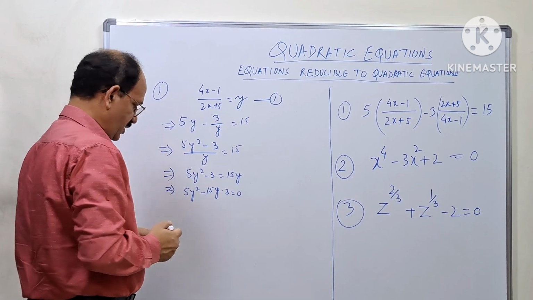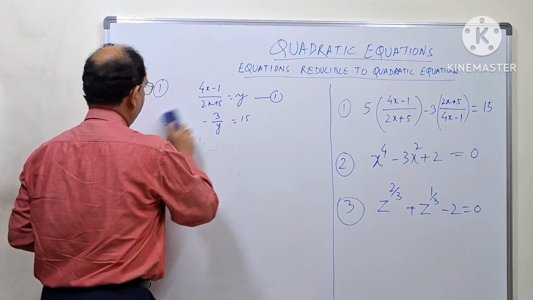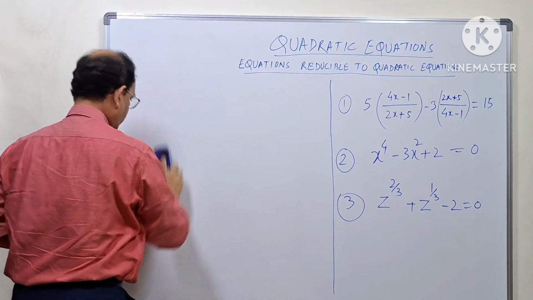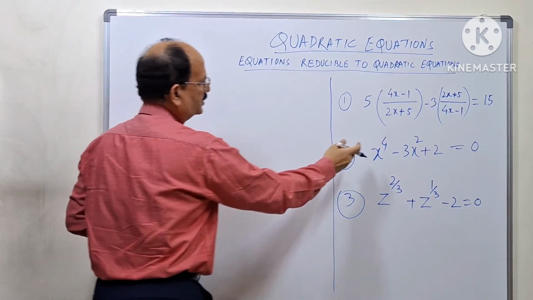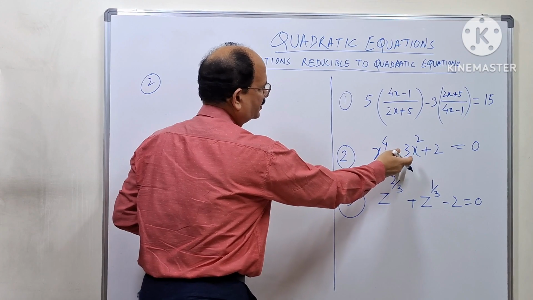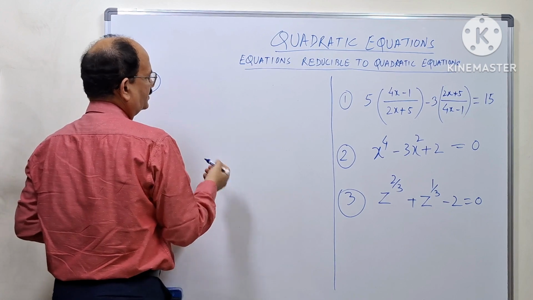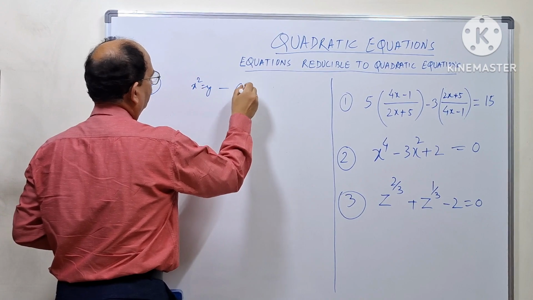Let's take another example. Second example, that is x to the power 4 minus 3x square plus 2 is equal to 0. In this case, we can take x square is equal to y.